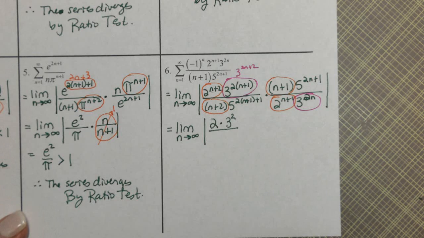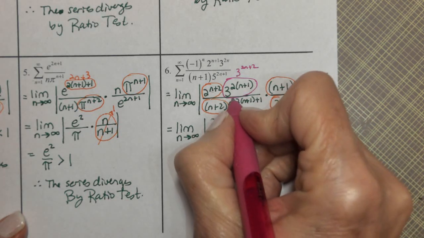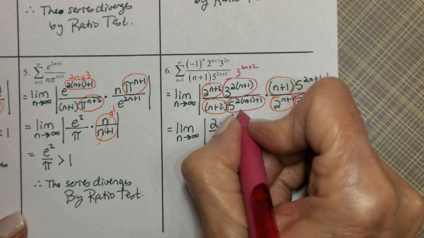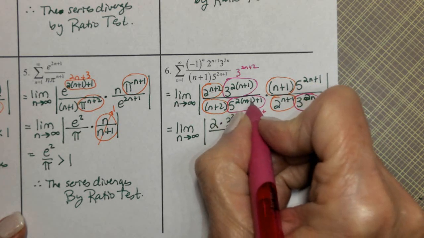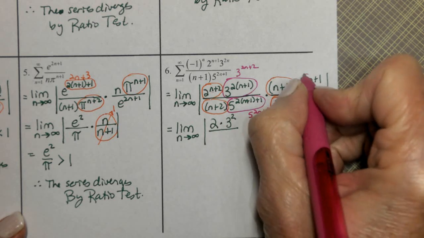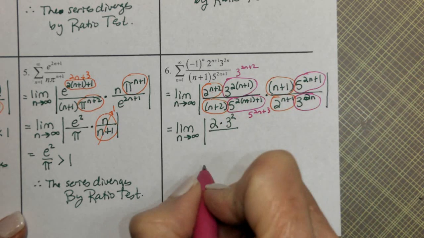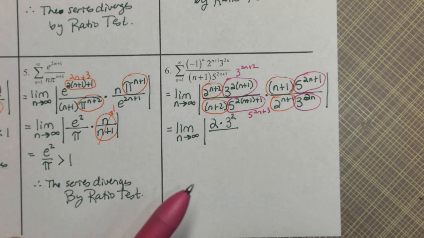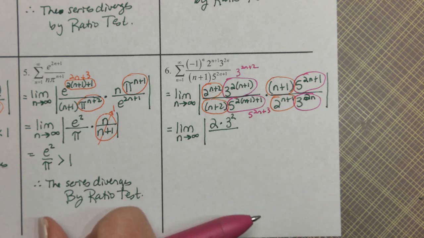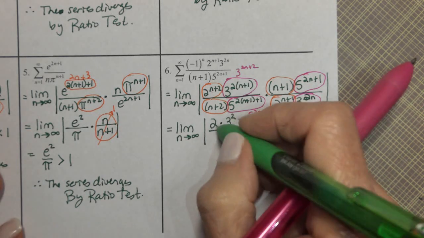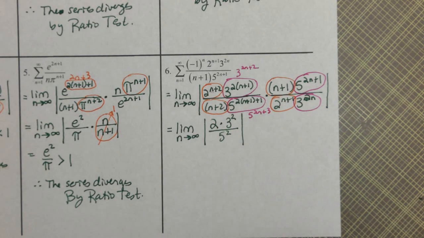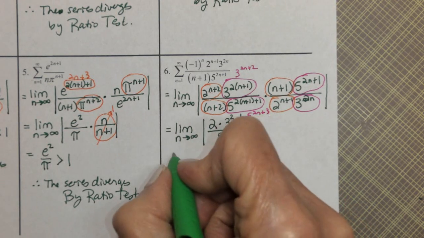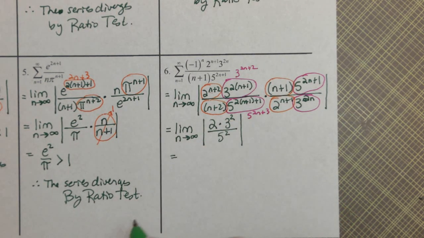On the bottom, how do our 5's reduce? Well, I have 5 to the 2n plus 2 plus 1, which is 3, and then 5 to the 2n plus 1 on top. That's going to leave me a 5 squared on the bottom. Oh, I didn't write my n's.